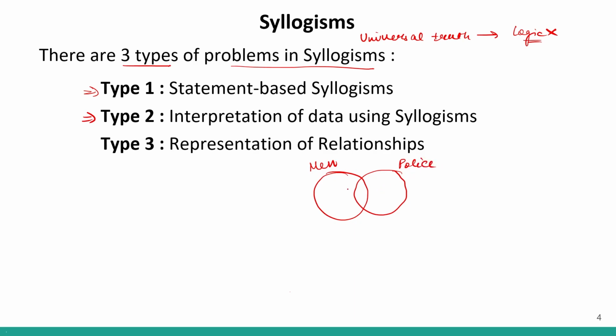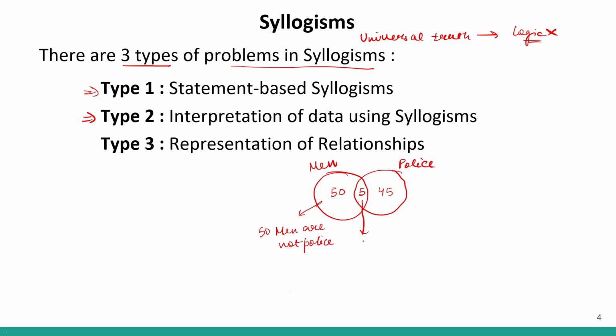It is given to us that we have a total of 50 men. Out of that, we have 5 men that work in police, and in total we have 45 police. Okay, let us just say this is the data. So, based on this data, I can interpret that 45 men are not police.